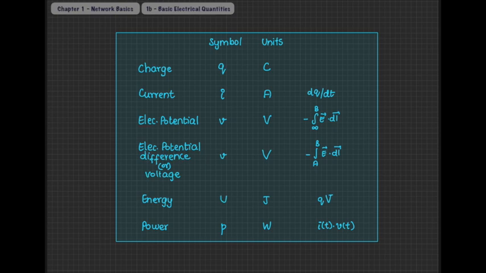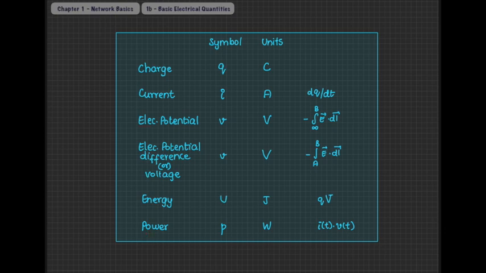Since it is the difference between two voltages, the units remain the same, and the equation is minus integral from A to B of E vector dot dl vector. Then we discussed energy and power. The symbol for energy is U. It is also the work done. Its unit is the joule, and the equation is given by Q into V.